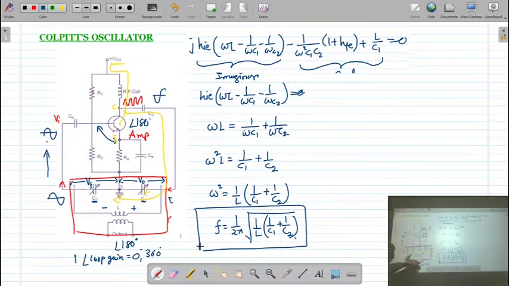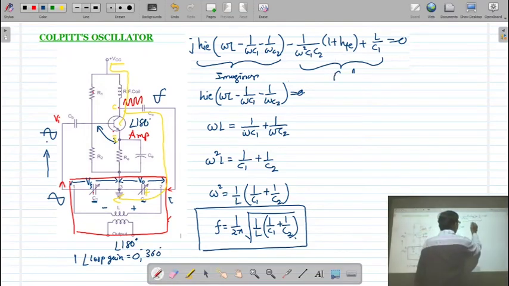And here you can see that if we decrease the value of the inductor or capacitor, the frequency of oscillation is going to increase. Correct? Now, what should be the condition? Whatever transistor we are selecting, what should be the HFE of the transistor? You can find out the condition from the real part.